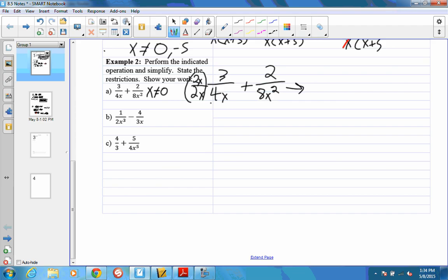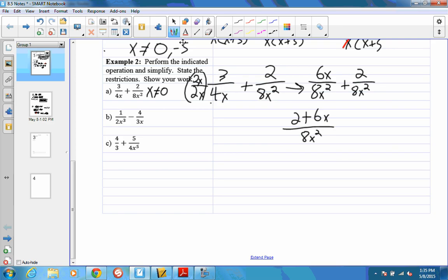So let's multiply it. 3 times 2x, 6x over, and I already know I'm going to get 8x squared, plus 2 over 8x squared. So next step, I'm just going to add. This is just 2 plus 6x over 8x squared. So Lauren, what's my last step? What do I always do last?